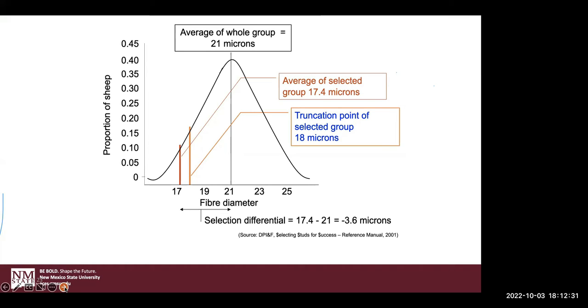By crossing him on to your herd that's already pretty good, you're still going to get an improvement in wool quality, clear over to 18 microns. So your average will go from 21 microns over time down to 18 microns, meaning the whole flock that has been covered by this particular ram will have much better wool quality in their offspring. I'm hoping that makes sense. Okay, next slide.